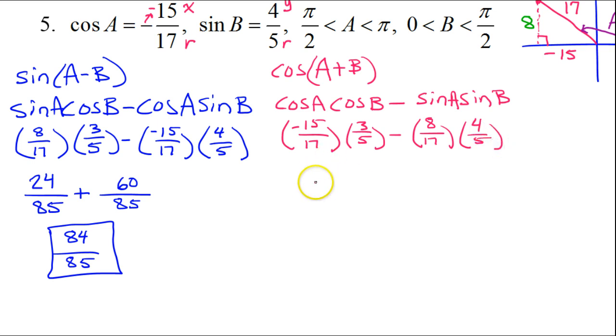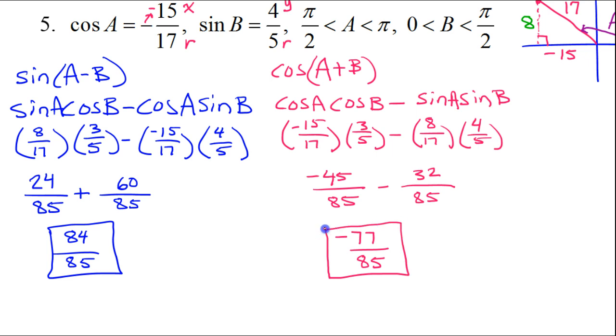Okay, so this is going to be negative 45 over 85 minus 32 over 85. So this is going to make negative 77 over 85.